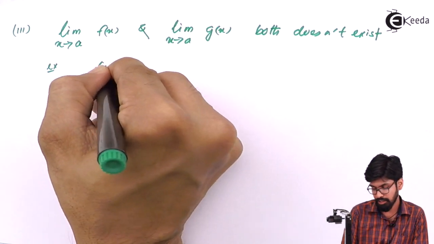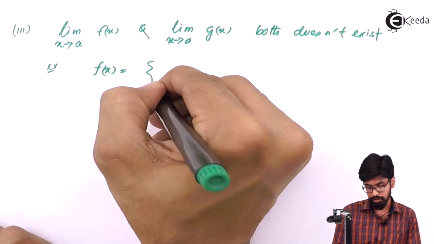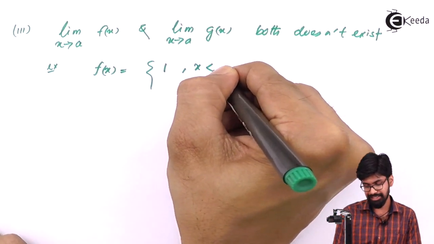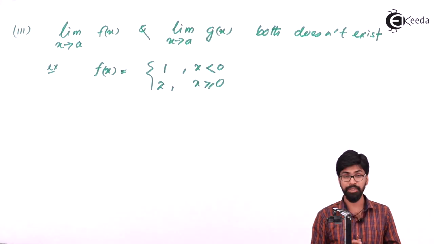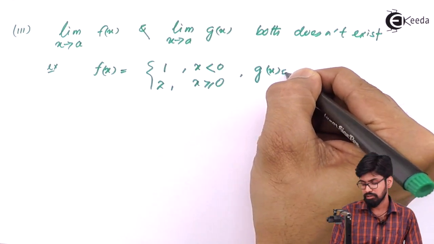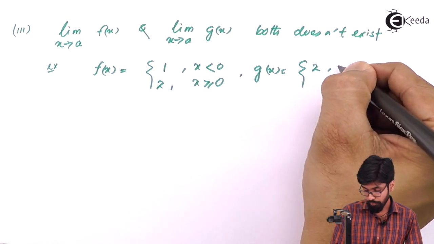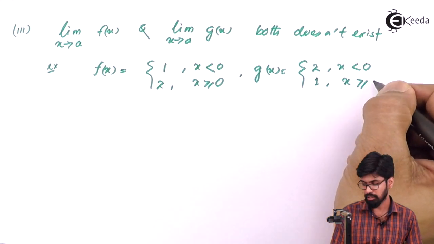Let f of x equal to 1 when x less than 0 and 2 when x greater or equal to 0. This is a piecewise function and so do g of x. g of x is equal to 2 when x less than 0 and 1 when x greater or equal to 0.